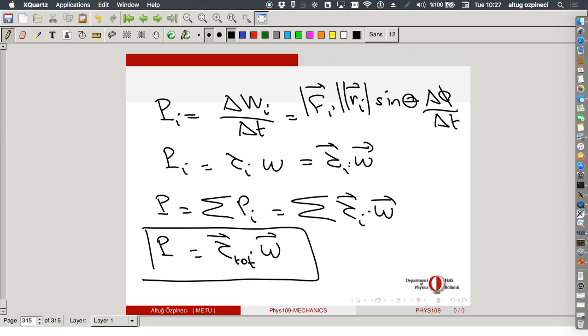Or if you want to calculate the work, you can also write that the work will be the torque scalar product with, let's say, the angular displacement around that axis. Again, if you compare it with W equal to F dot delta x, now the torque plays the role of the force also in the work.